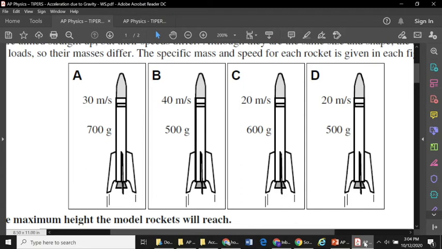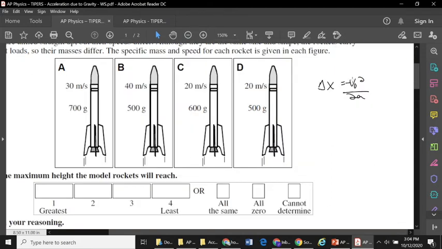Okay, so as we see in this problem here, the mass and speed for each rocket is given in the description, and the question is asking to rank the maximum height the models will reach. Well, according to the equation that we can use to solve for the maximum height of one of these rockets, we see here that the maximum height is directly proportional to the square of the initial speed.